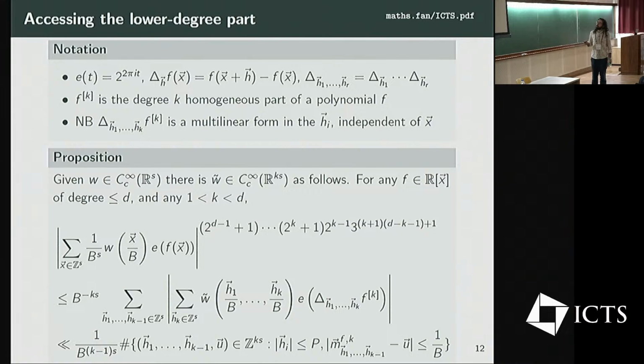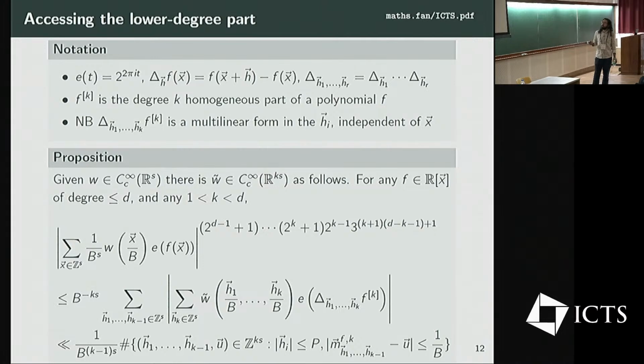I'm going to also use these superscript square brackets to indicate taking the degree k part of a polynomial. And if I apply this forward difference operator k times to a degree k polynomial, then what I get is independent of the x variables.